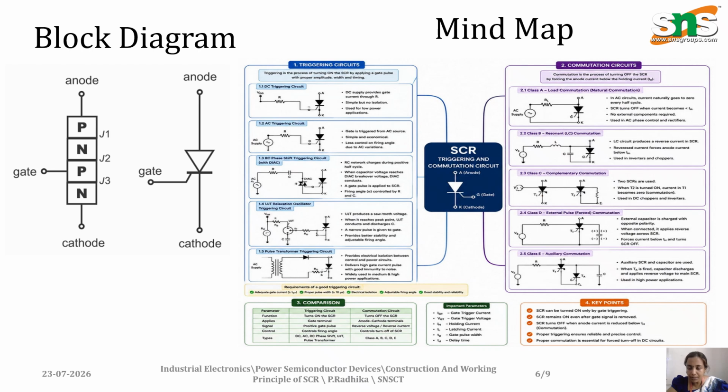The main difference is resistor in class A, resistor, inductor, capacitor, RLC in class B, two SCRs to increase the effect in class C, one SCR with RC in class D, and RC with two SCRs in class E. That is the easy way to remember the classes in silicon controlled rectifier.